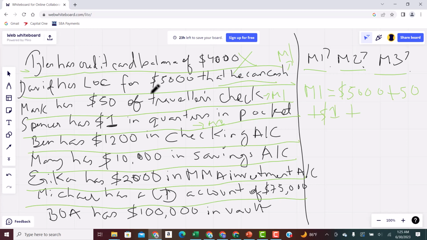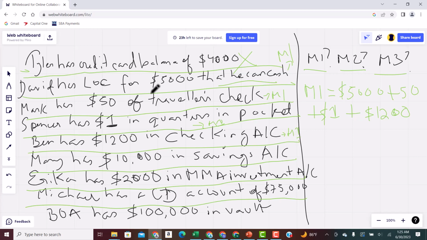Okay, let's look at the next one. Ben has 1,200 in his checking account. Remember, a checking account is kind of like cash. Using a debit card, you can spend the money anytime, anywhere you want. So this is very liquid and classified under M1. So we will add this checking account balance of 1,200 as well. Then Mary has 100,000 in a savings account.